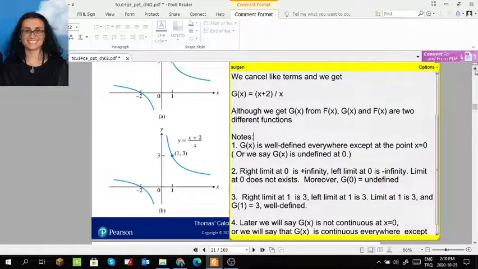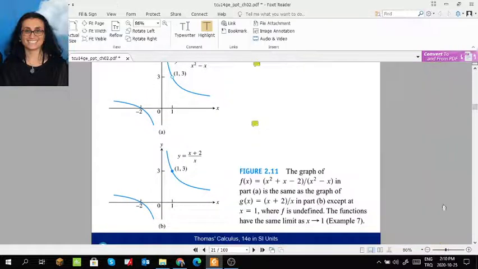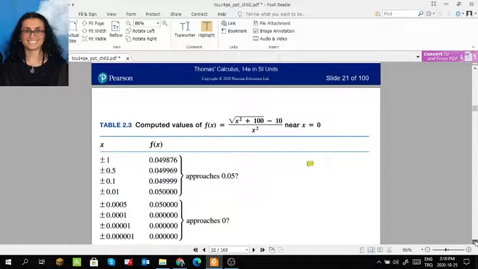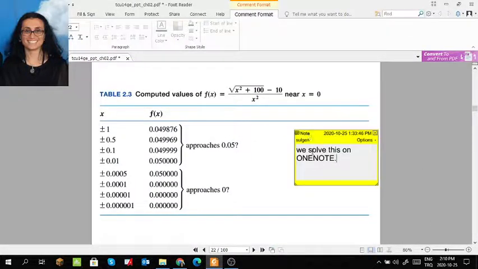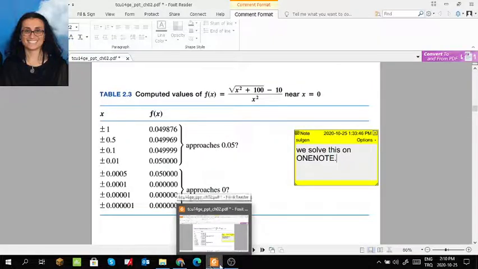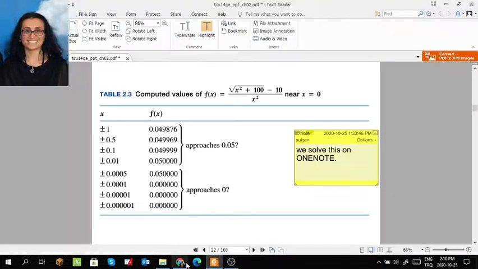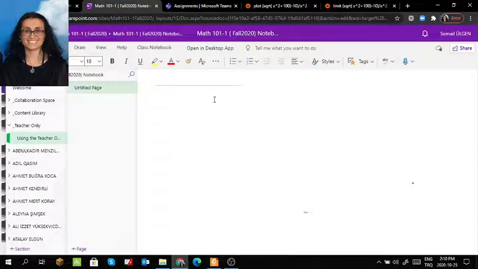Alright, so let's close this. Okay, let's look at this function. We are going to solve this on OneNote. Okay, I'm going to make OneNote available for you. Let me open this up.